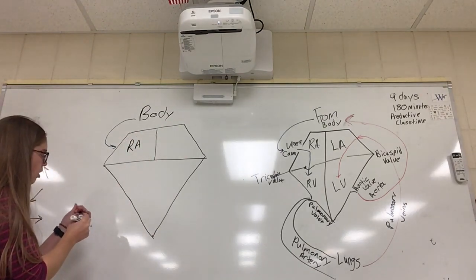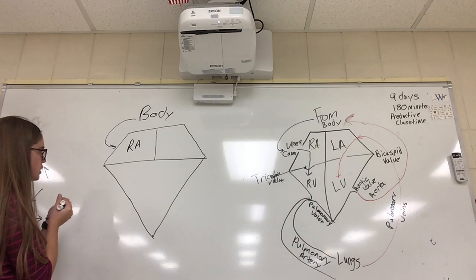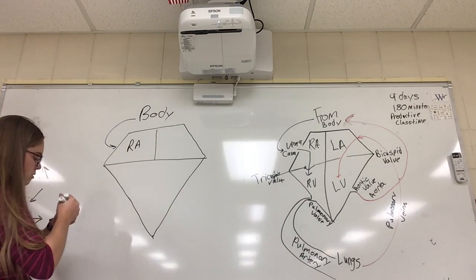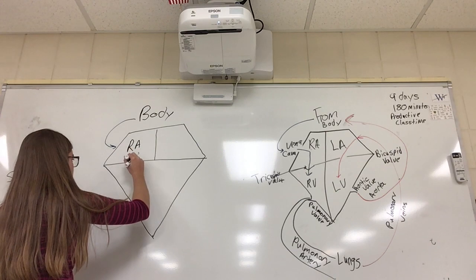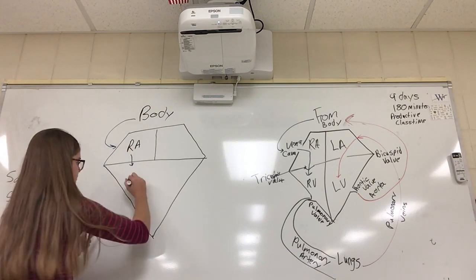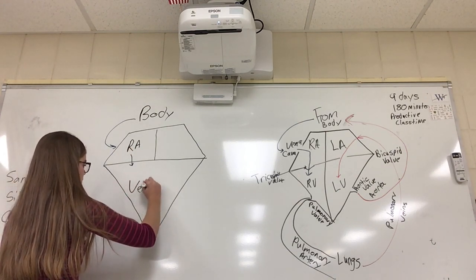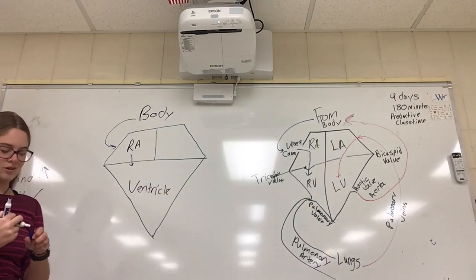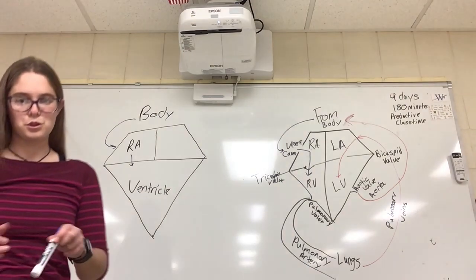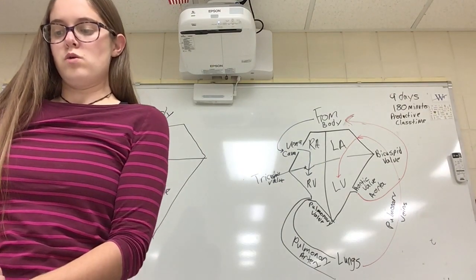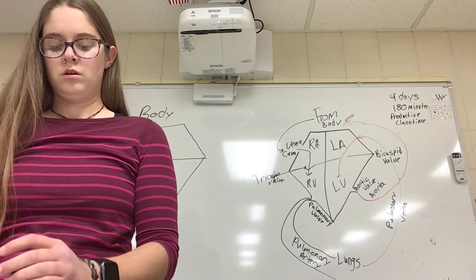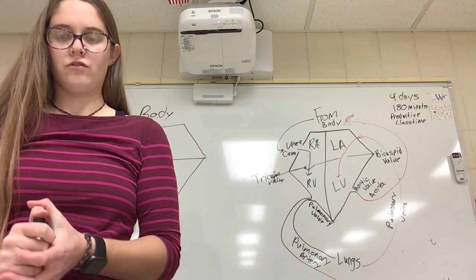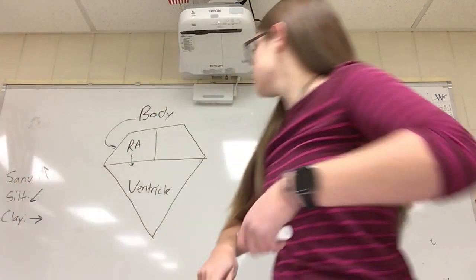And then our deoxygenated blood flows down into our ventricle. That's right, singular. There is only one ventricle. So, bloop. Floop, I flipped those caps. So there's only one ventricle.